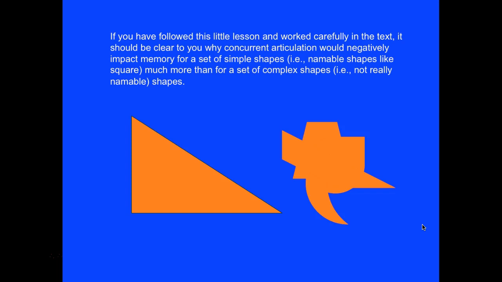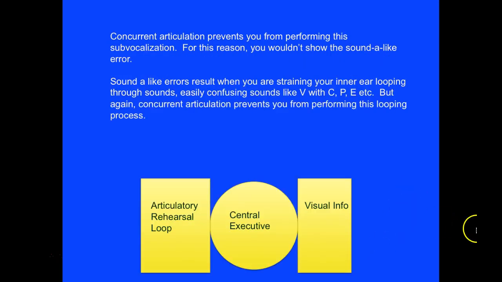So if you flashed up complex shapes, say 1 per second for a working memory task, I would not be able to use language in any easy way. My central executive would probably rely on the visual. Let's go back to that visual shape, right? The visual assistant to hold shapes.